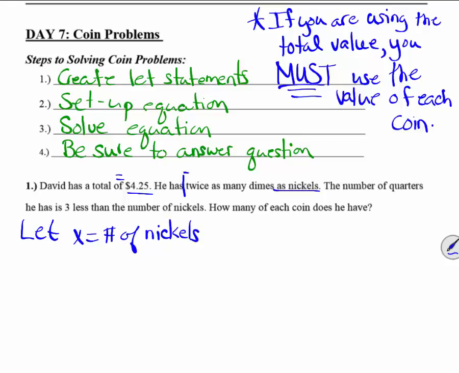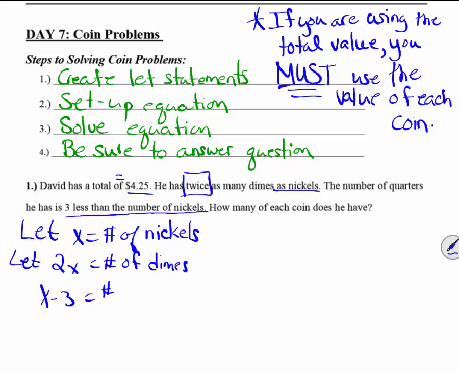So dimes, right, twice as many means times 2. So let 2x equal number of dimes. All right, well, so far that's what we've been doing. We also have quarters. The number of quarters is 3 less than the number of nickels, right? So nickels was x, so x minus 3 equals number of quarters.